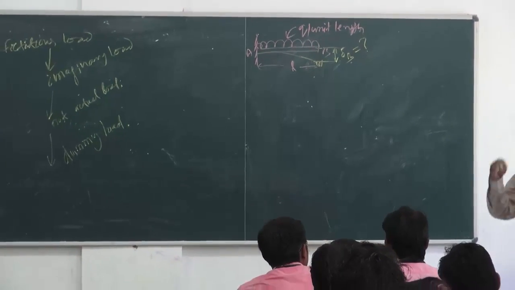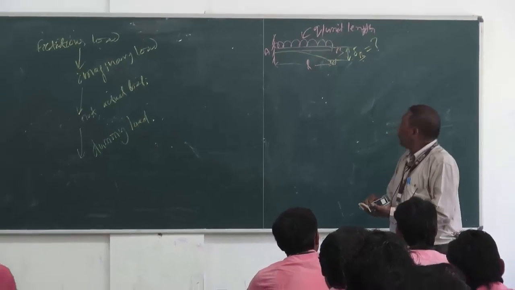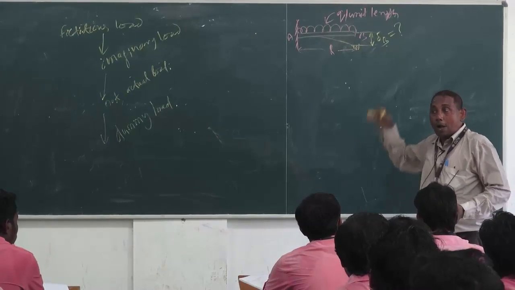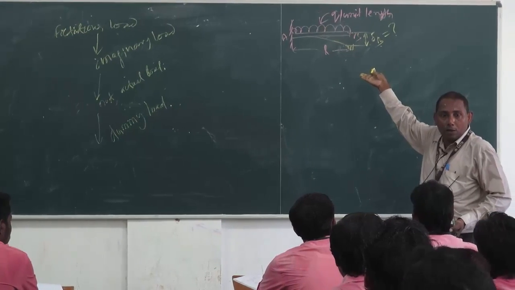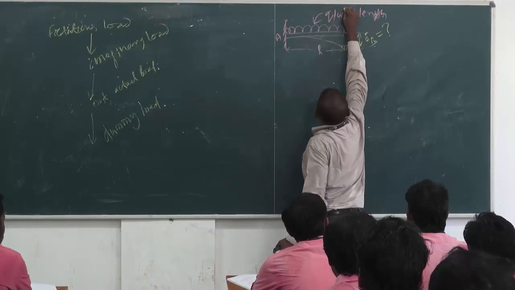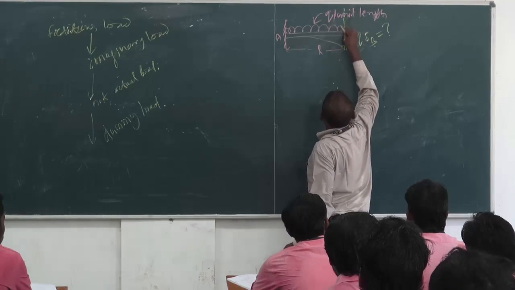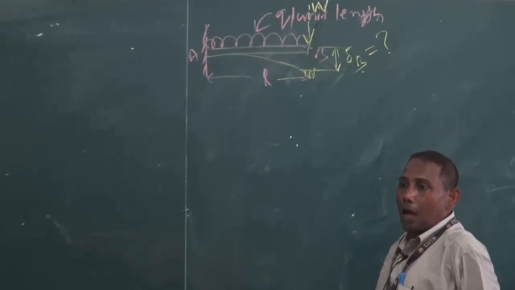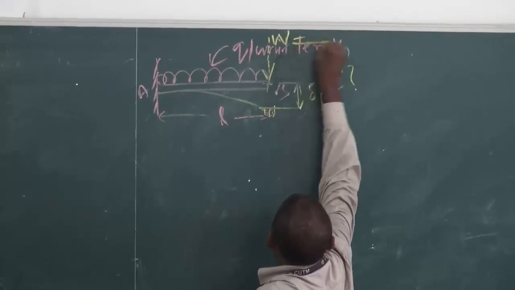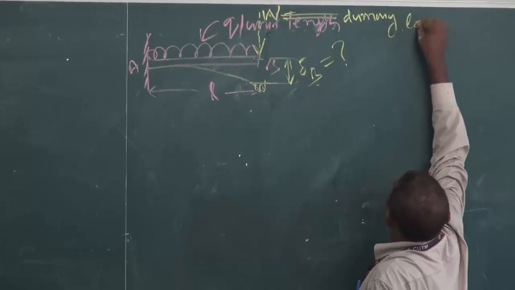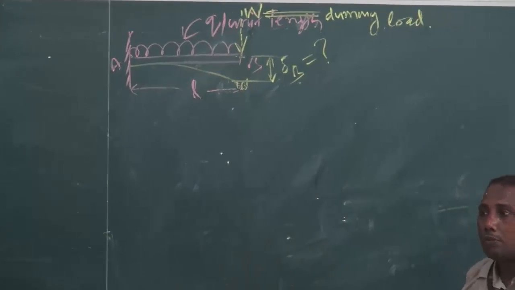And to overcome this difficulty, you have to introduce a dummy point load where the deflection is required. Where is deflection required? At point B. So at point B, you introduce a dummy load, that is your W. And W is called the dummy load.